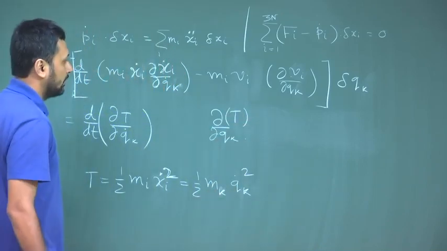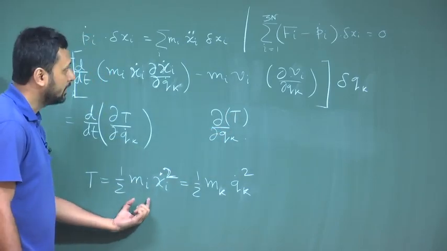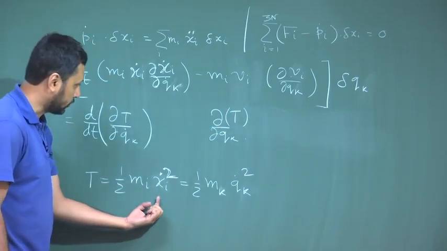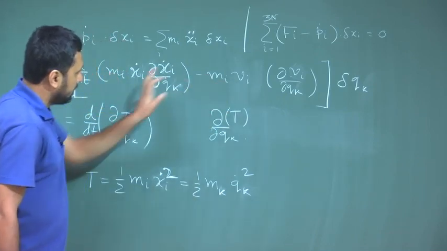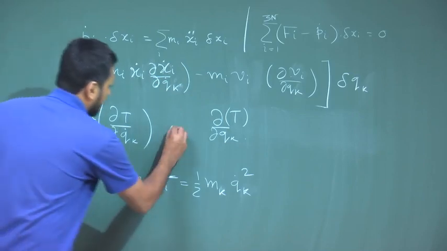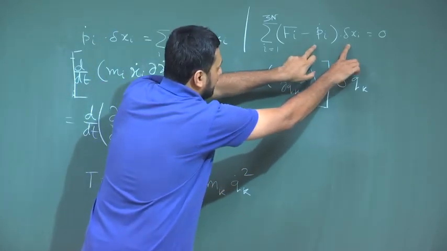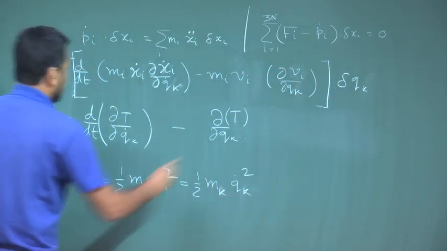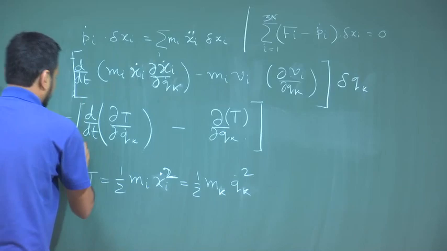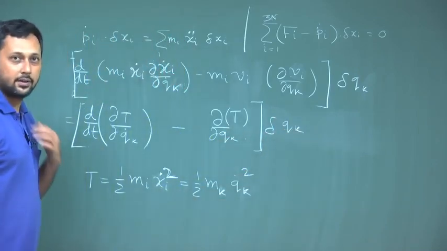Once again T is equal to half mi vi square, or xi dot square. So, this identification helps us write the first term of D'Alembert's principle as this, and this whole thing will be multiplied by delta qk.